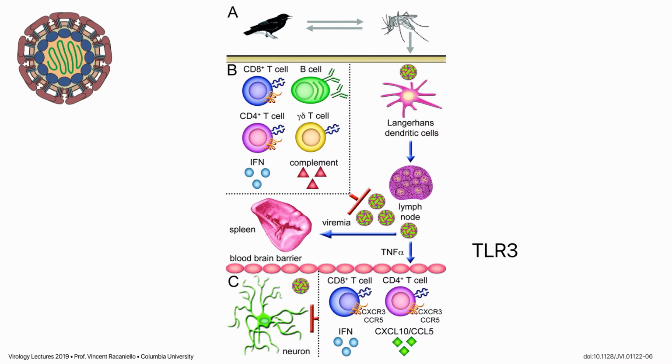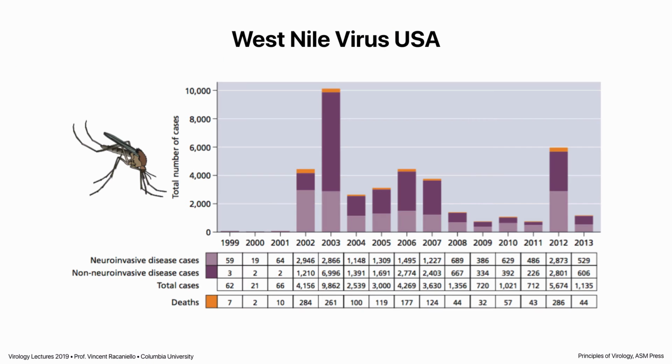It will never get out of there. It happens to get in because it's an accident that TLR3 loosens up the blood-brain barrier. And all these cells here, just to indicate what are the cell types that are important for protecting the CNS against infection.